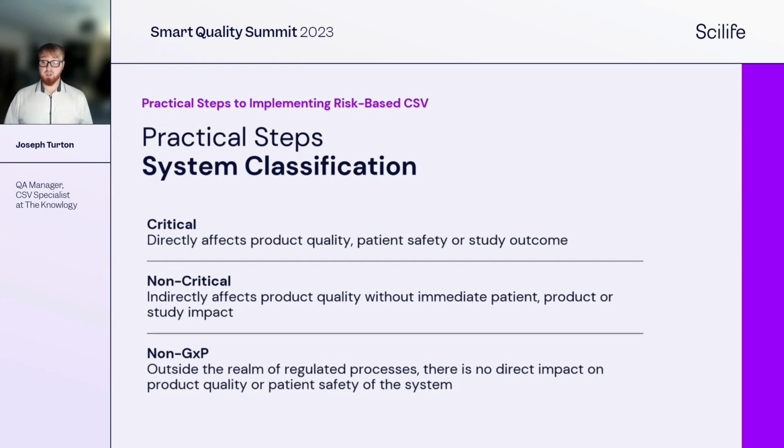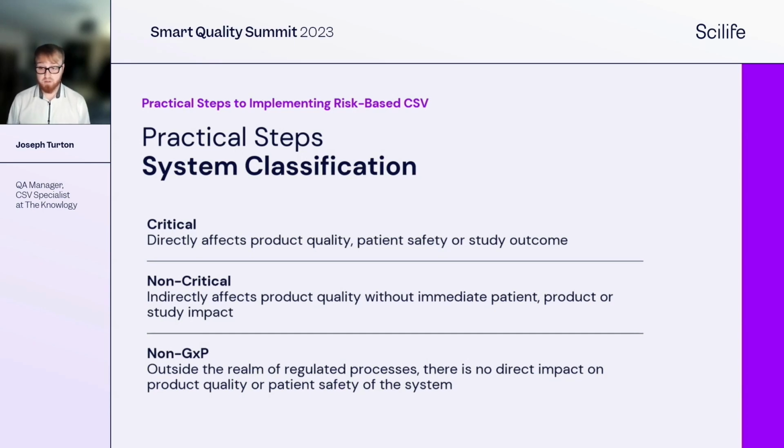So in dissecting system classifications, we must consider the laboratory a complex organism. Each system has a role, with some of them being vital for survival and others used for optimal performance. So you can categorize your systems into different types. You've got critical systems, like HPLC data systems, which are akin to the heart of operations. Any risk here could be catastrophic, potentially leading to patient harm or regulatory non-compliance.